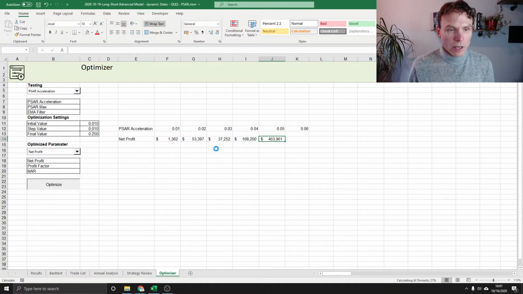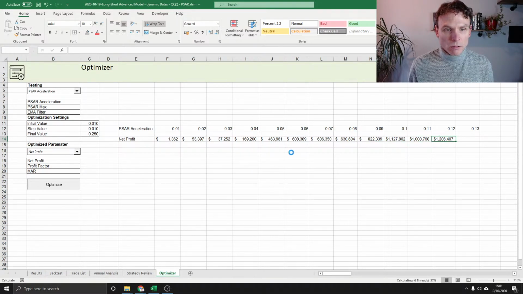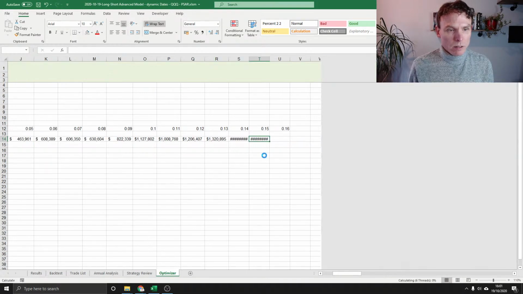So we can see here, we haven't even gone very far, that these early initial values, same as Euro US dollar, the same as SPY, are not producing very good returns. As soon as we push into what would be considered higher values traditionally, we're getting better returns.